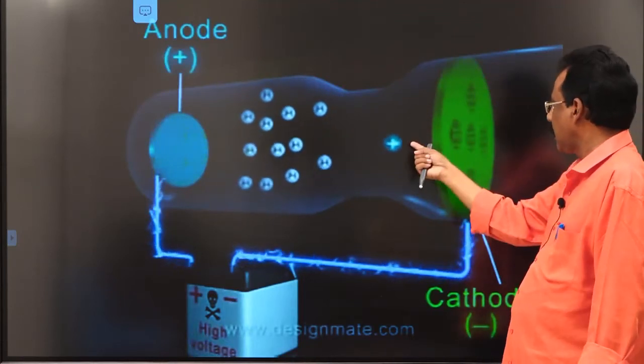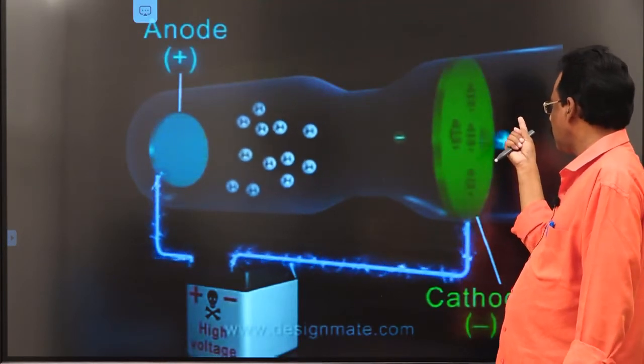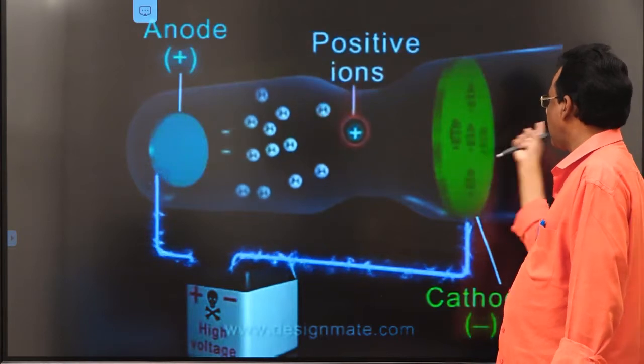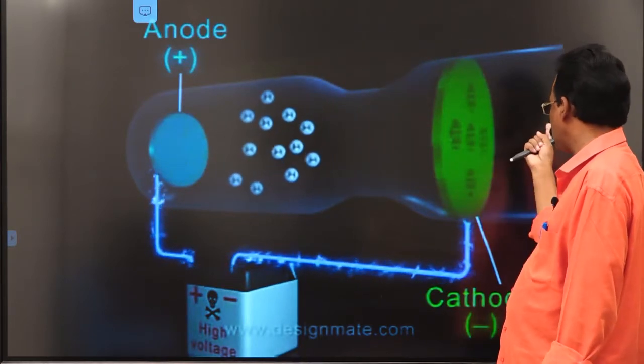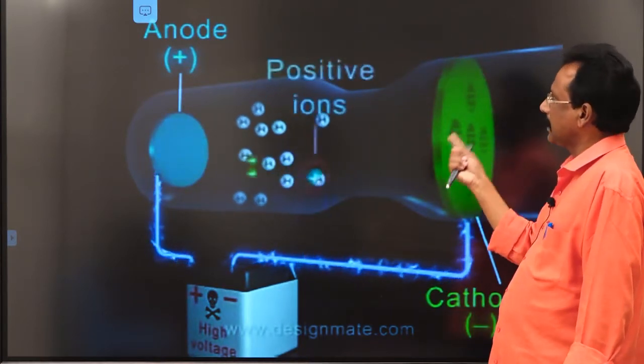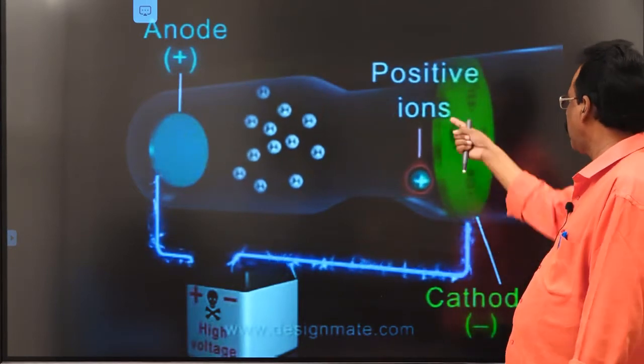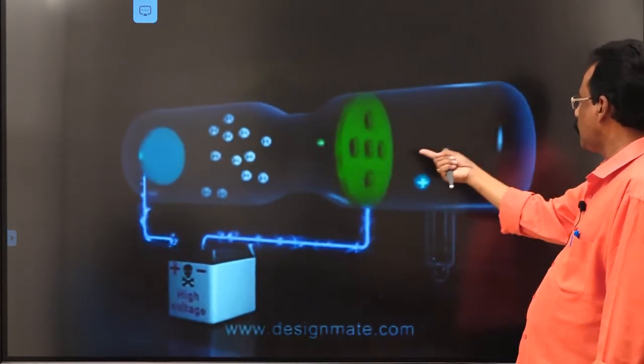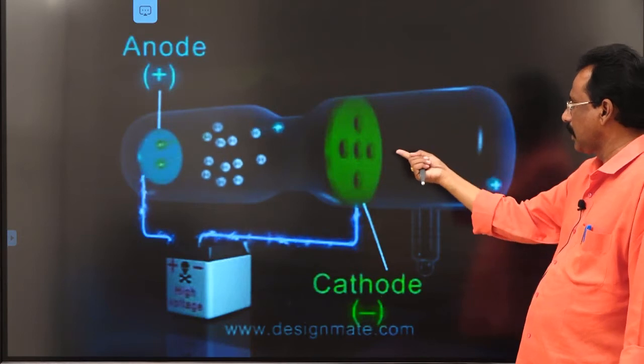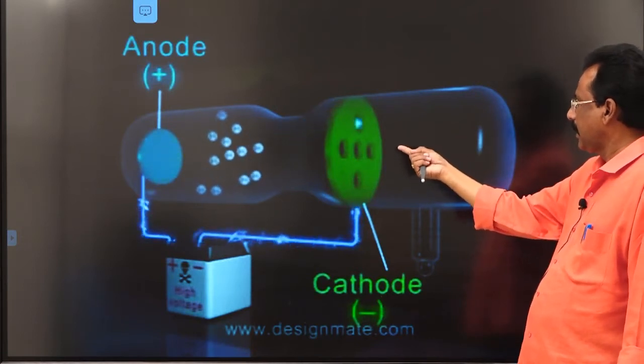Now this positive ion passes through the canal, holes, pores. That is why these rays are known as canal rays. See here, positive ions are passed through this perforated cathode.